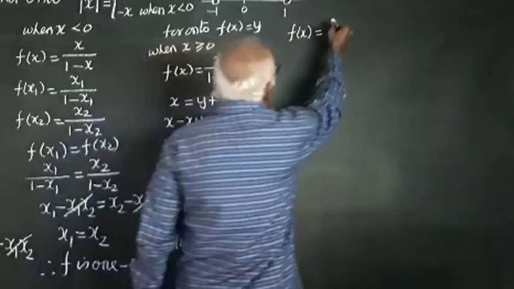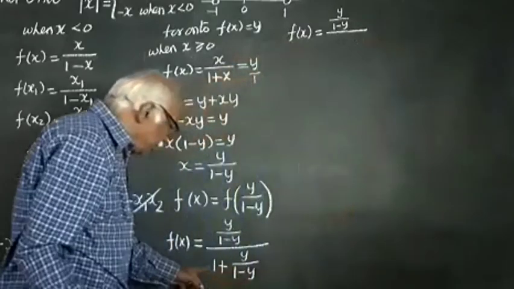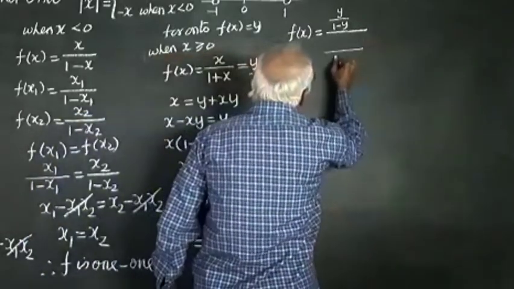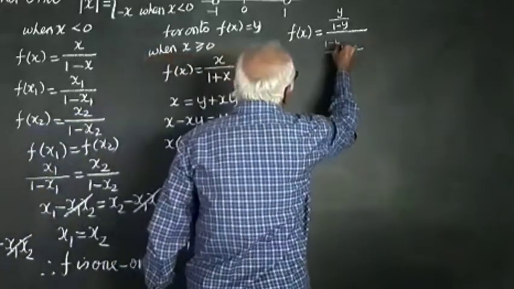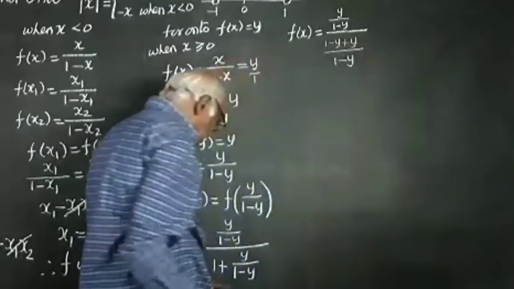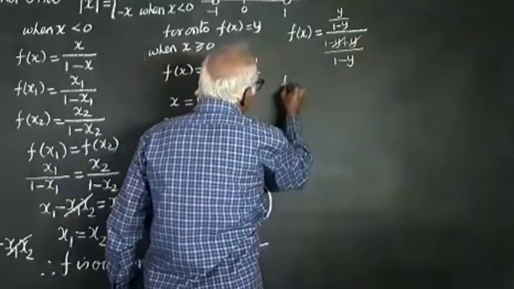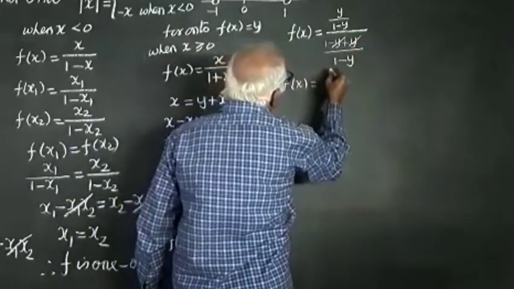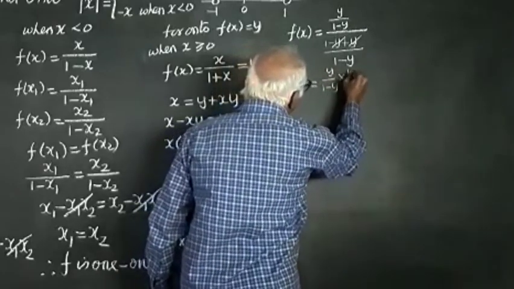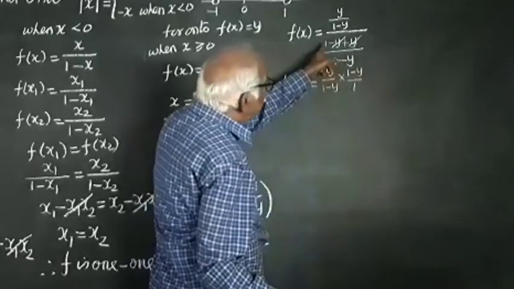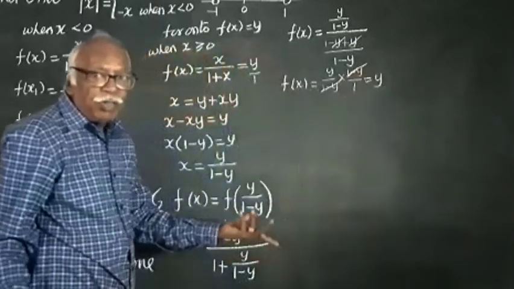Now the LCM is 1 minus y: 1 minus y plus y, and plus y minus y cancel. So f of x is equal to y by 1 minus y into 1 minus y into 1. The 1 minus y cancels, so f of x is equal to y. So it is proved.